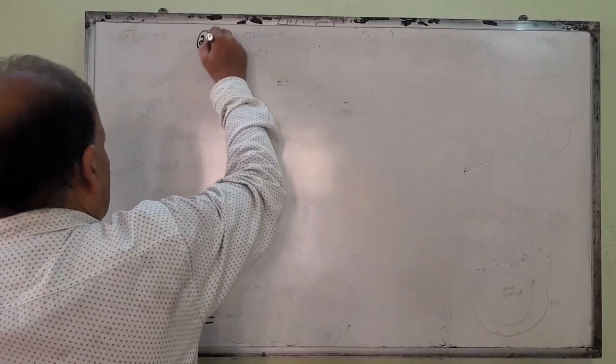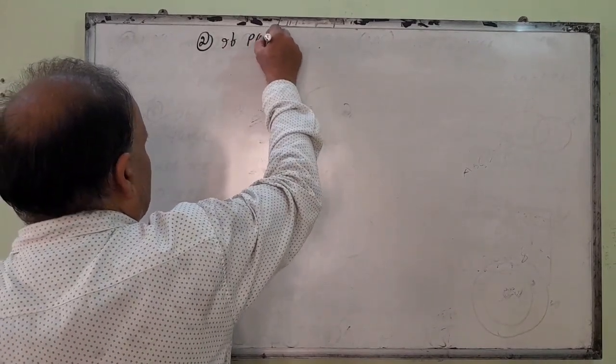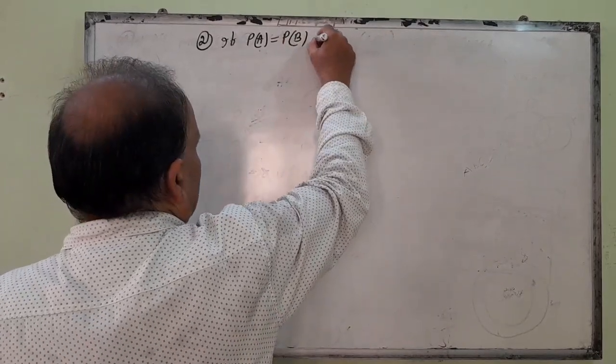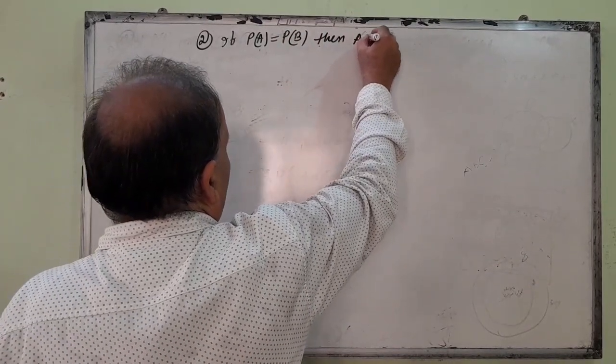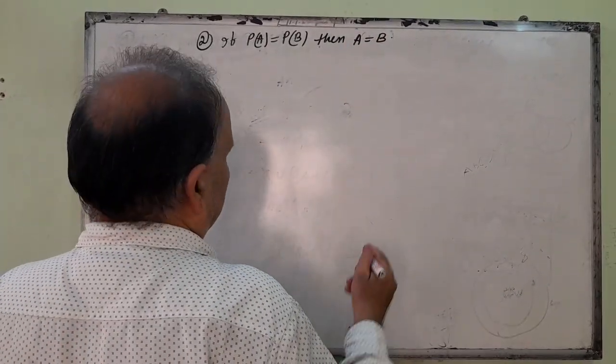Another important property, number 2: if P(A), the power set of A, is equal to P(B), then A is equal to B. We have to show this.